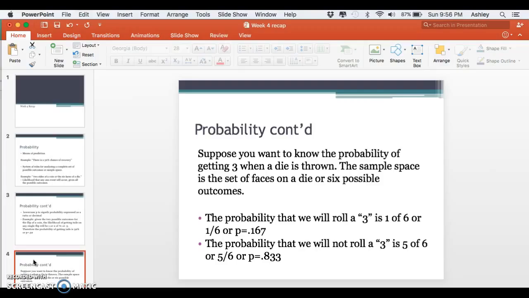Now, looking at the opposite, the probability of not rolling a 3 is 5 out of 6, or 5 divided by 6, where p equals 0.833, because there are 5 chances to not roll a 3 on a die. Okay?